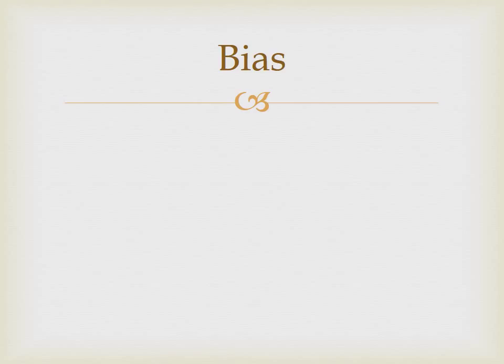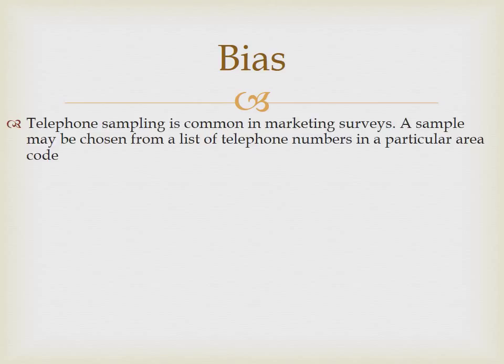So as I said, we're going to talk a little bit about bias. So just as an example, telephone sampling is a common practice in marketing surveys. Maybe you've even received one of these phone calls where someone wants to conduct a phone survey. And oftentimes, a sample is chosen from a list of phone numbers in a particular area code.